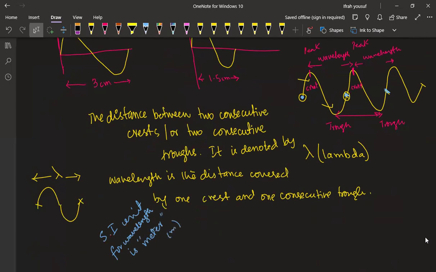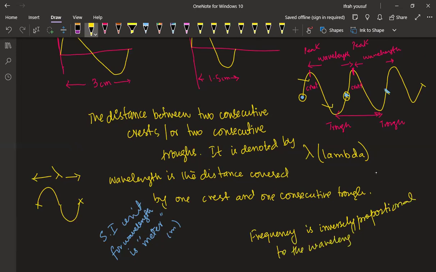Okay, so inshallah in the next class we will be doing some questions related to frequency, wavelength and amplitude. Okay, right. Remember there is a relation between the wavelength and the frequency. Frequency is inversely proportional to wavelength, and we will discuss this concept in the next class.